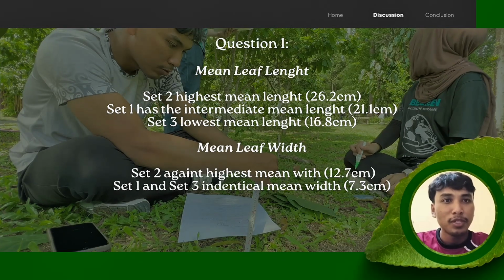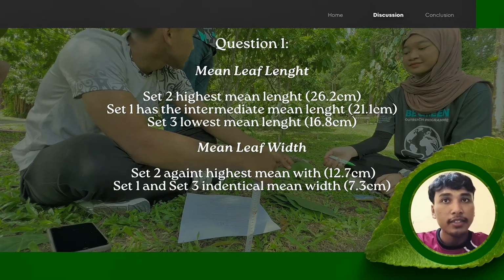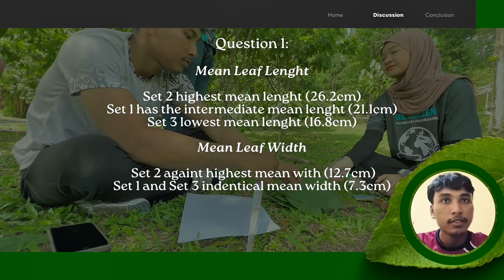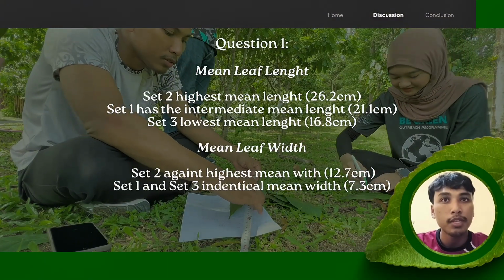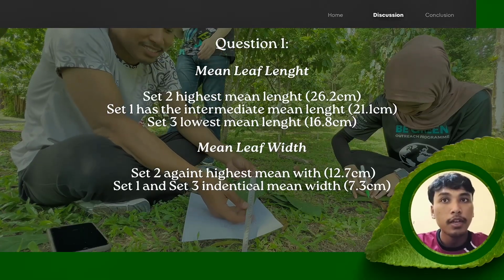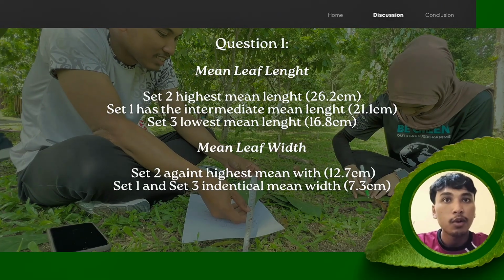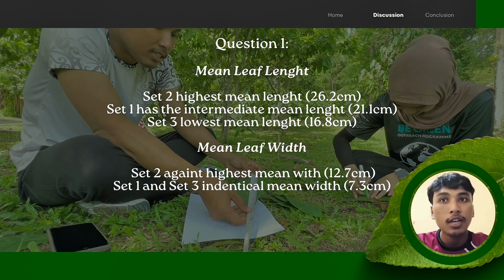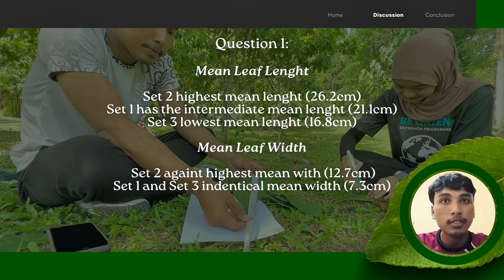Based on question number 1 for Practical 1, the mean leaf length differs among the three sets. Set 2 has the longest leaf with a mean length of 26.2 cm. Set 1 has a moderate mean length of 21.1 cm, while Set 3 has the shortest leaf with a mean of 16.8 cm.